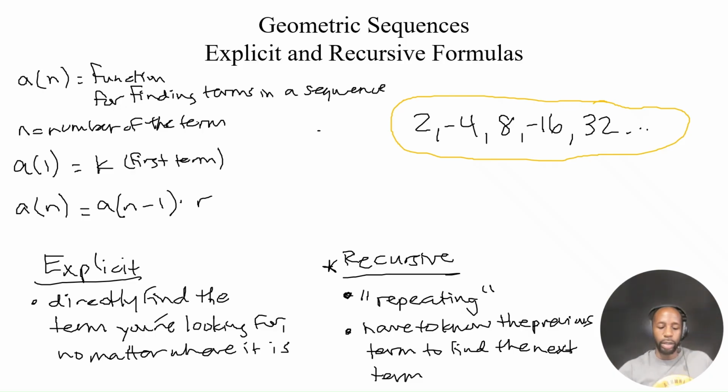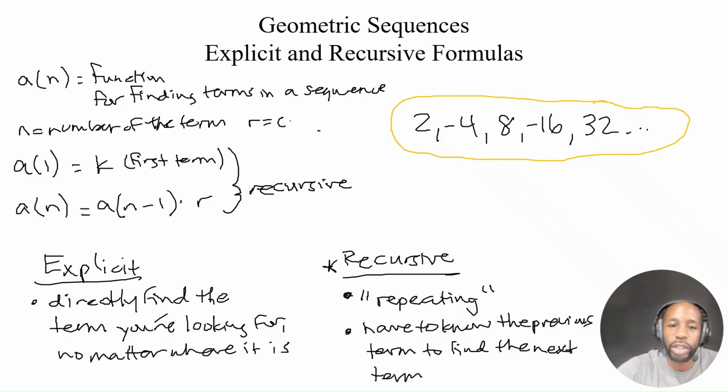So this is our recursive formula. What is it that makes this recursive? R is our common ratio.